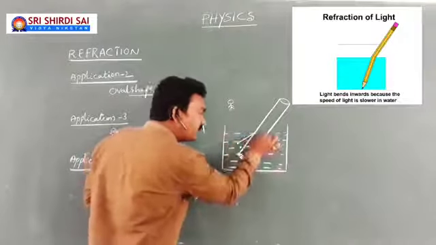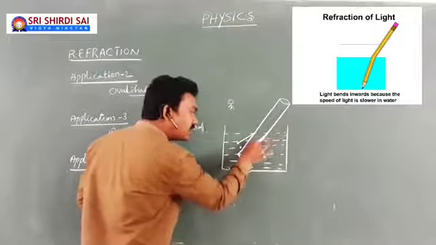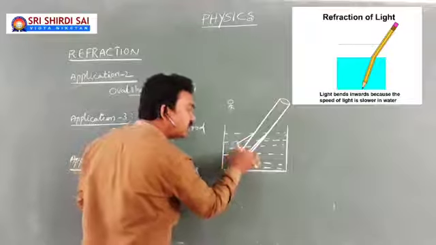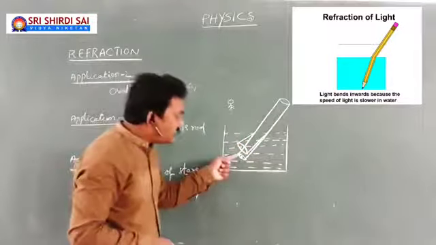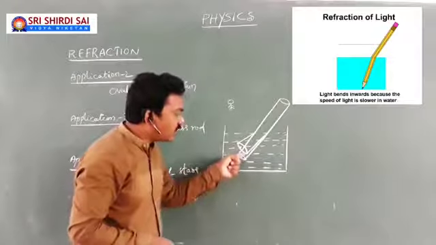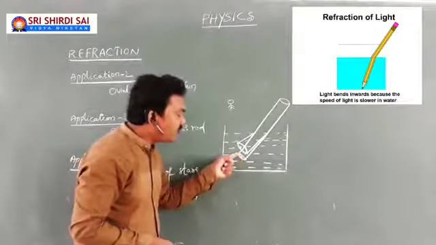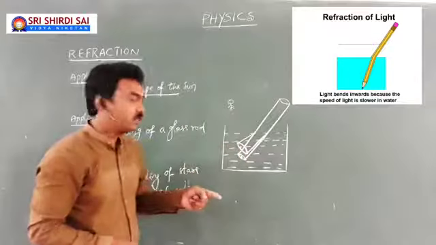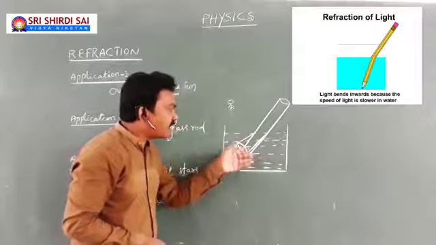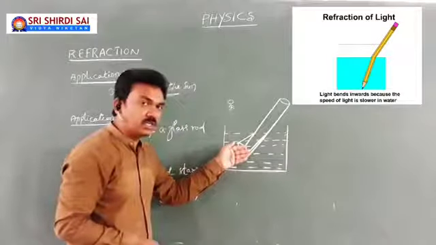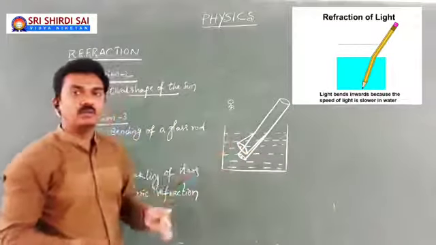So what will happen? The apparent position of the glass rod that is present inside the water will appear like this, because each and every point on the glass rod will have a normal shift towards the interface. The locus of all the points makes you find the immersed portion of the glass rod in a different way.